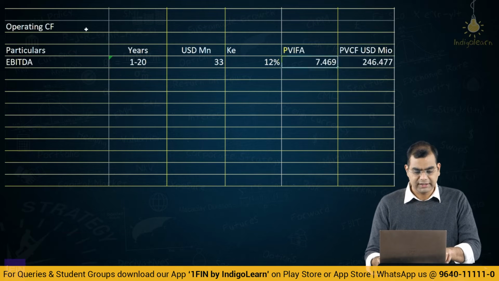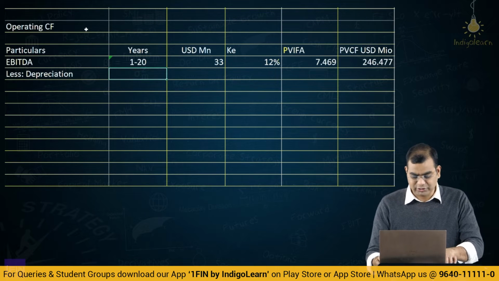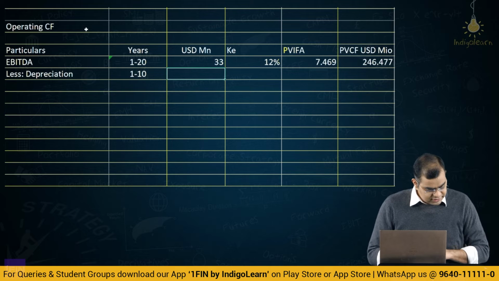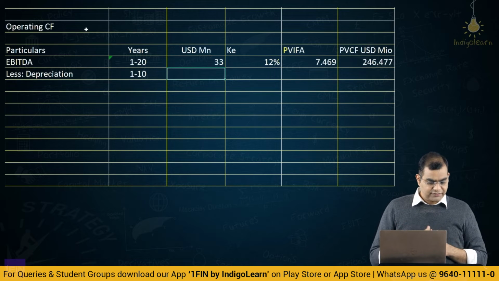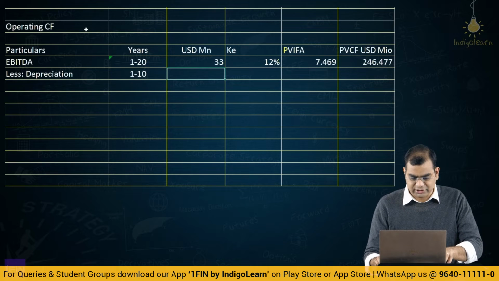Okay, this is EBITDA. Then you have less depreciation. This is only for 1 to 10 years. That is why they have given the present value interest factor annuity for 10 years also. Total purchase of equipment is 250 lakhs, so is it million or lakhs? I made a mistake, it is USD lakhs.